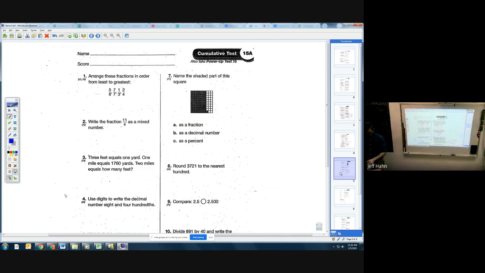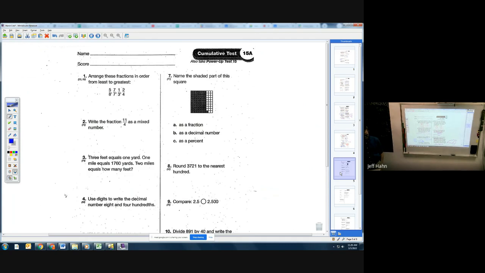Number 5 is 4. 6 is 5.01. 7 has these 3 answers.